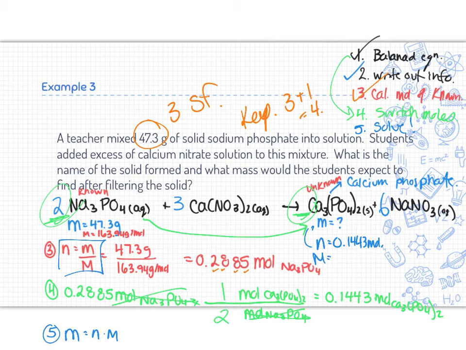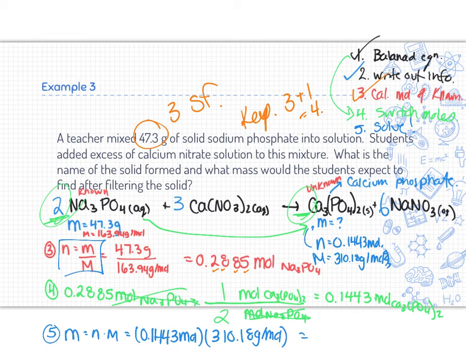I got a molar mass of 310.18 grams per mole. So we're going to take our moles that we just calculated, 0.1443, and we're going to multiply by that answer.